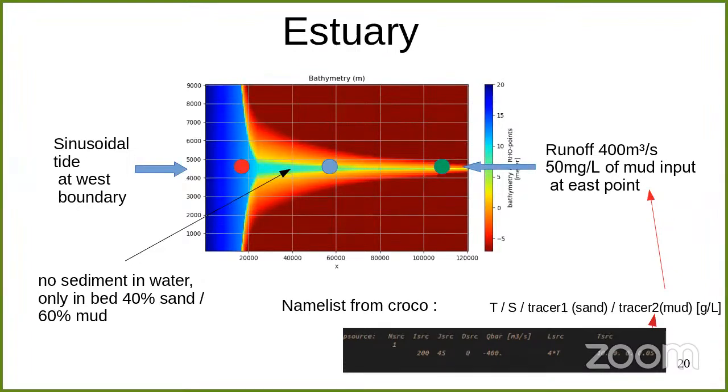So we initialize also with low sediment water, with fraction depending on whether it's sand or mud. So we have two kinds of grain size. So 40% for sand, 60 for mud. We also initialize our runoff with sediment with 50 milligram per liter of concentration.